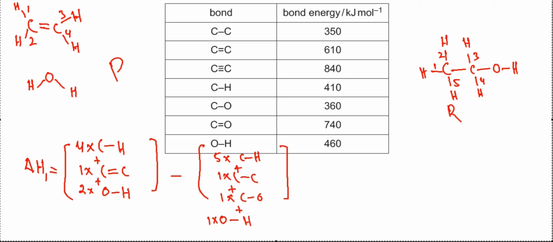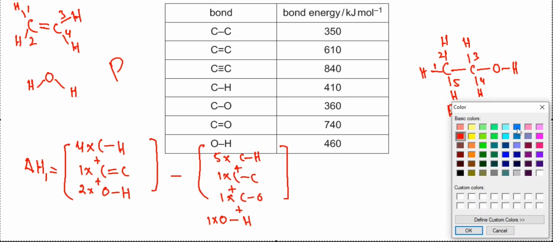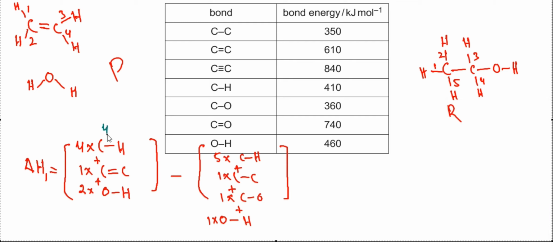Now it's time to substitute the values, using the values from the table. So carbon to hydrogen bond is 410, and again carbon to hydrogen, so 410.